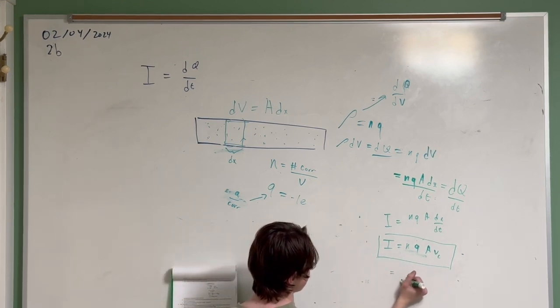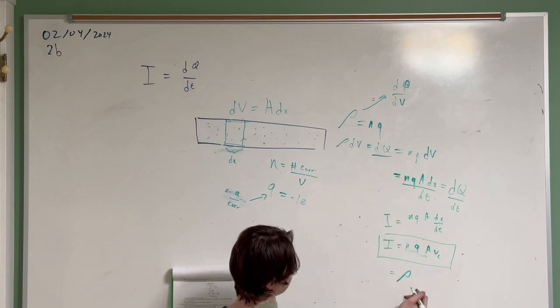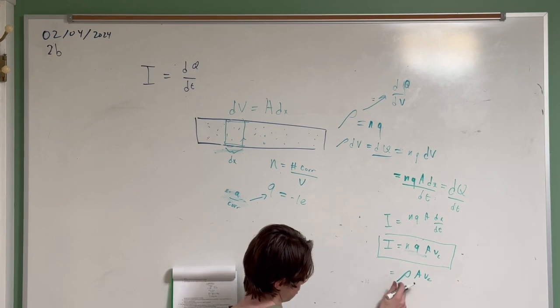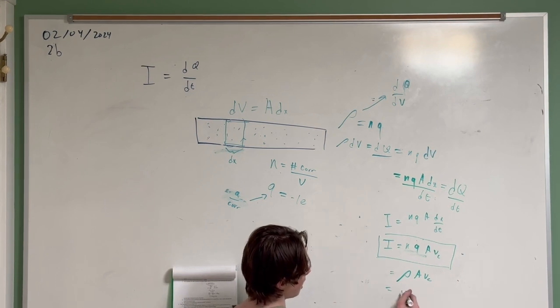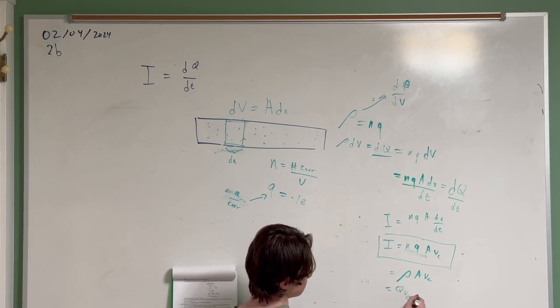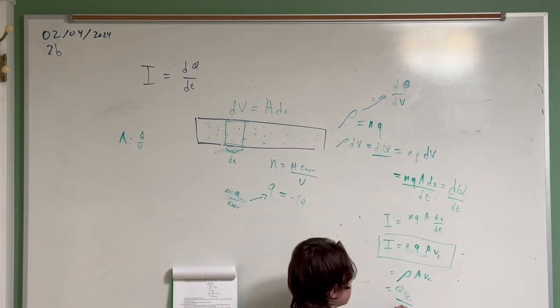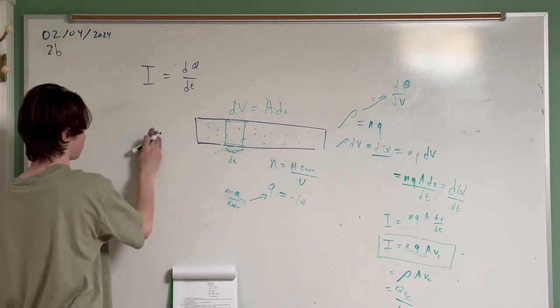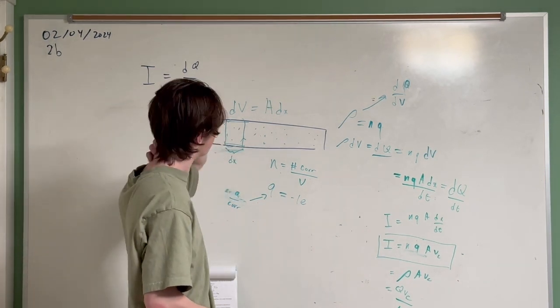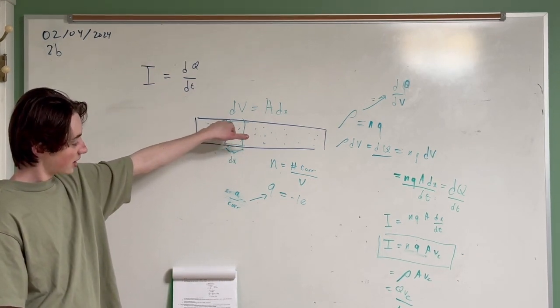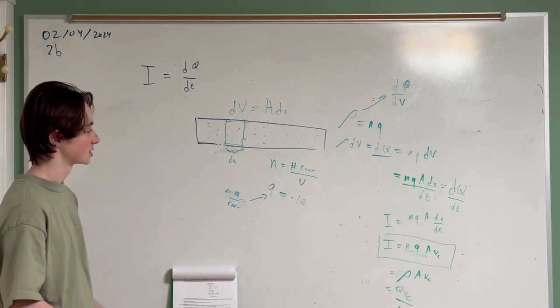And that's also just equal to rho times area times velocity of the carriers, since rho is equal to nq. Or, it's equal to the total amount of charge in this window times the velocity of the charges divided by the size of the window. That sort of makes sense.